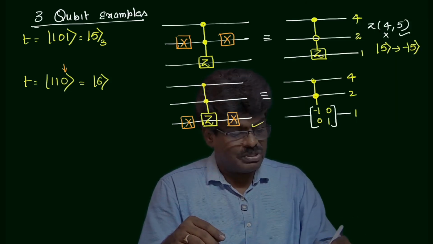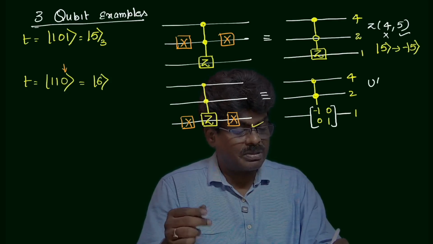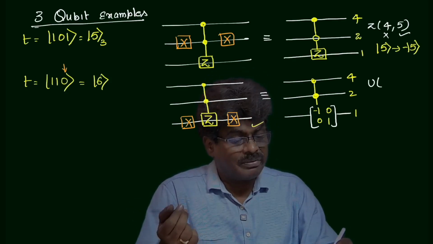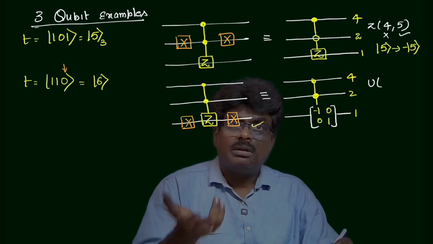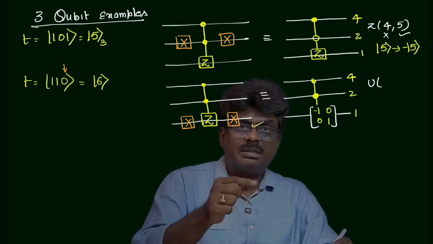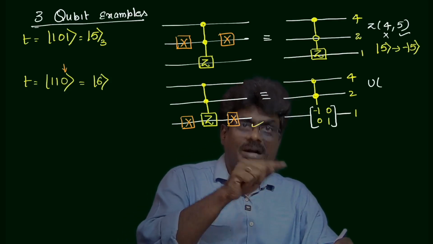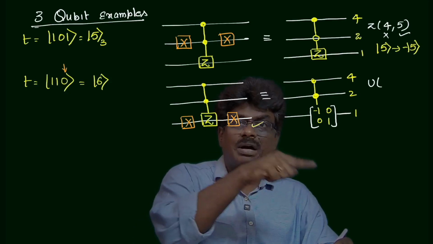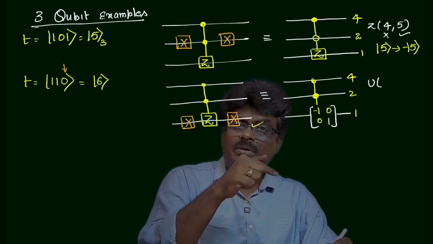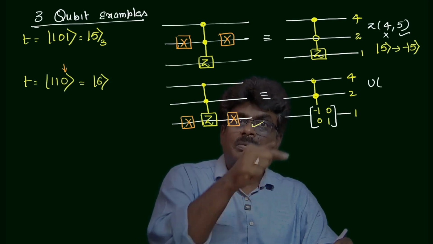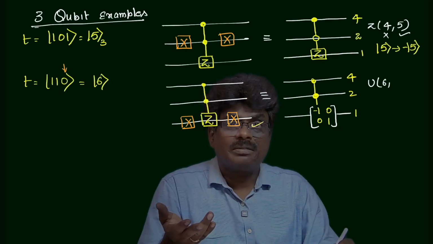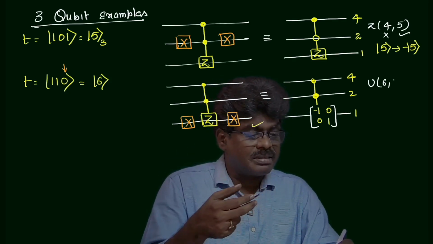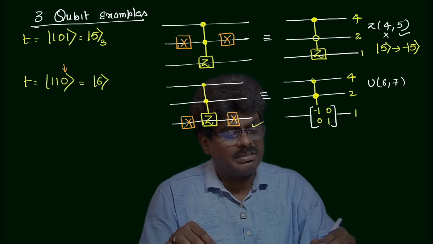Here we have U, some operator U, of two controls. Whenever two controls are there, then what to do? Just add the two controls. That means C1 plus C2 comma C1 plus C2 plus T. That's it. That means 4 plus 2 is 6, 4 plus 2 plus 1 is 7. It's very simple algebra.